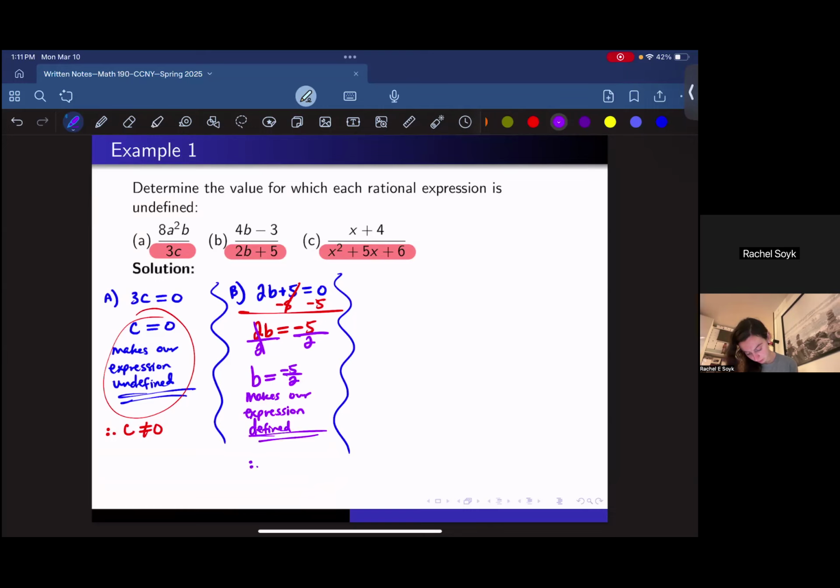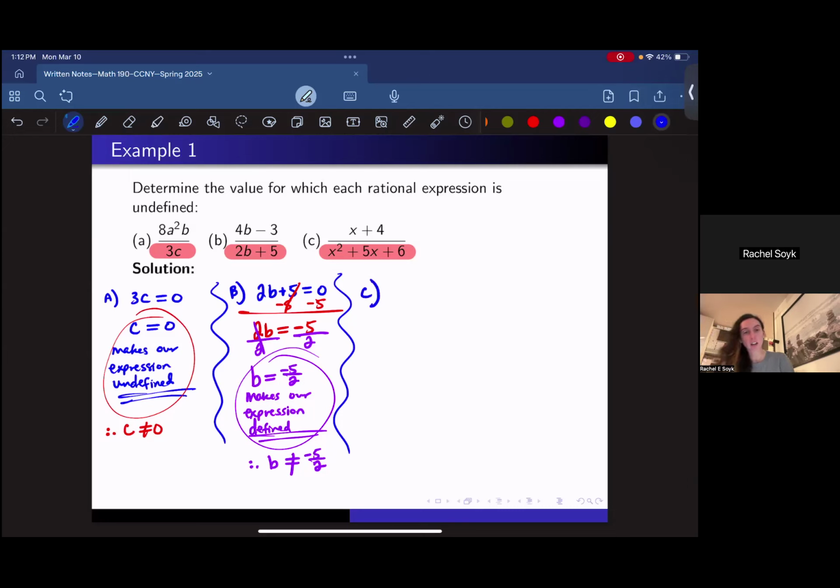Therefore, b should not be equal to -5/2. It's not part of our domain if we were looking at this as a function and not an expression.